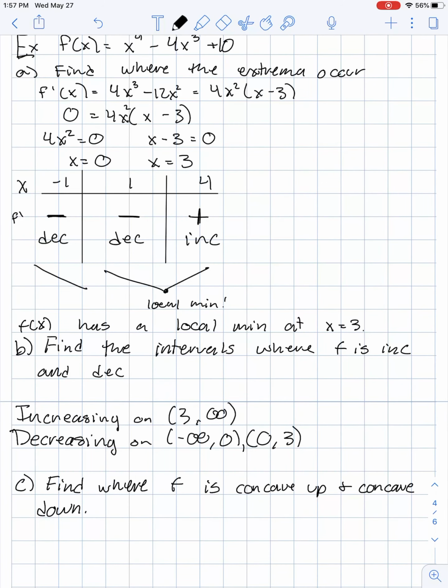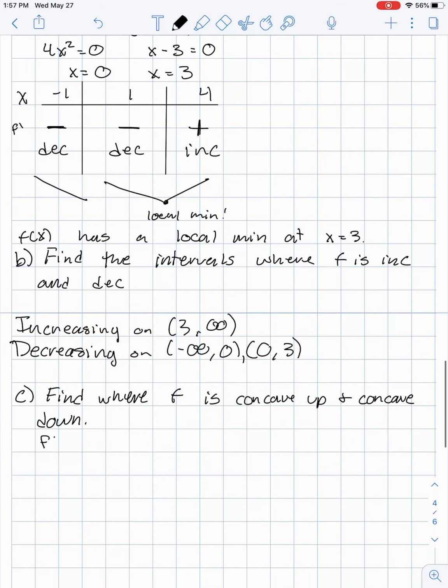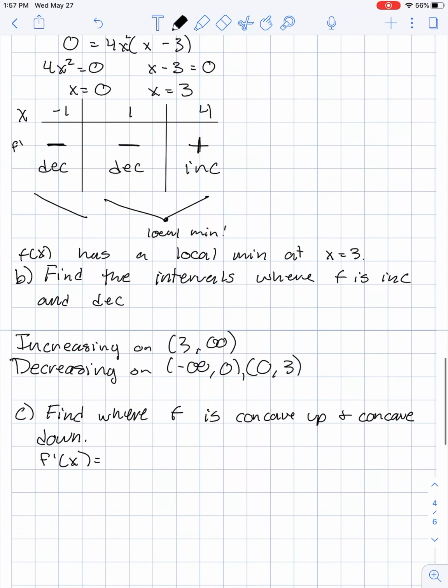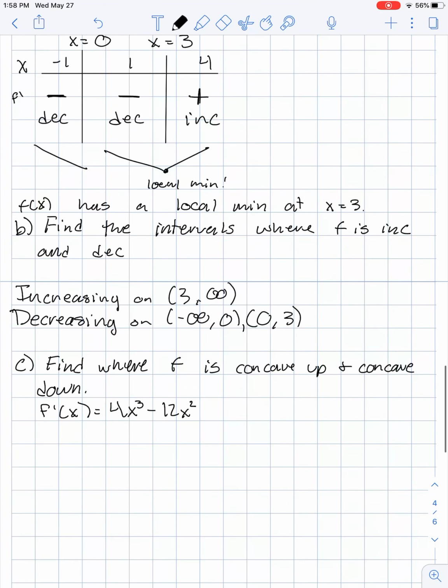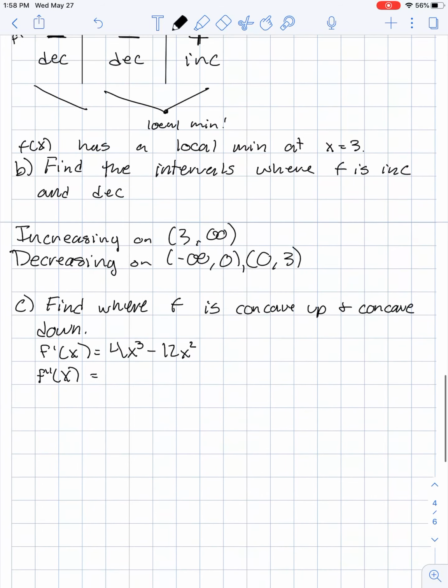So we have our first derivative right here. So let's rewrite it. So f prime of x equals, and I'm not going to use the simplified one because power rule is a lot easier than product rule. Okay, cool. So then I'm going to take the derivative of this to get to my second derivative.